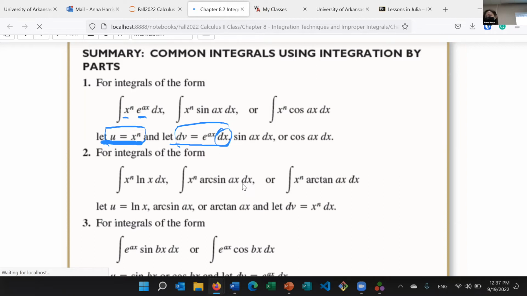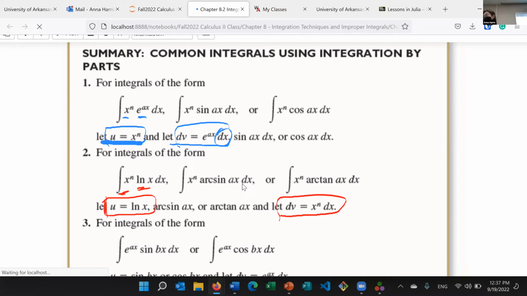What is another one they told you? If you have x times natural log, then the natural log is u, and the other one is dv.